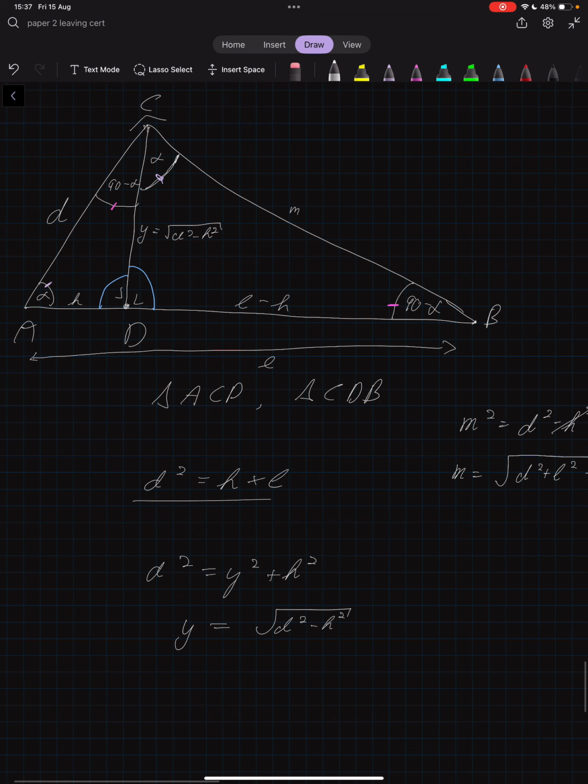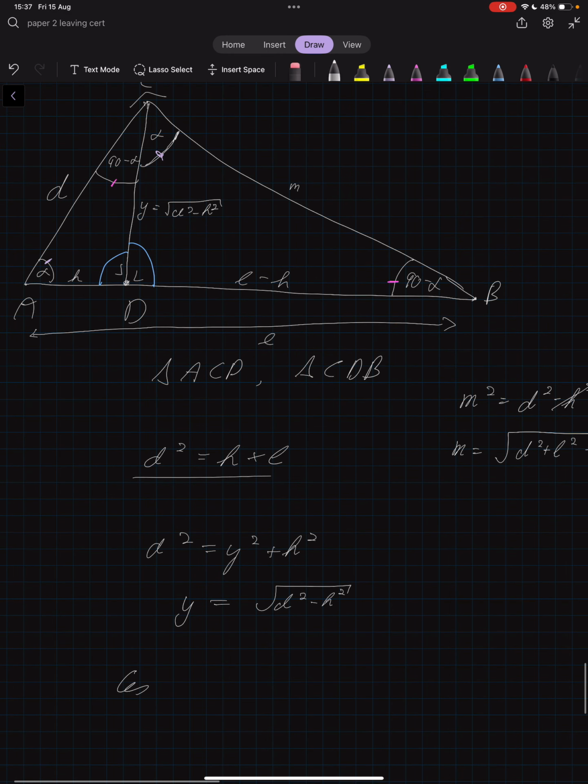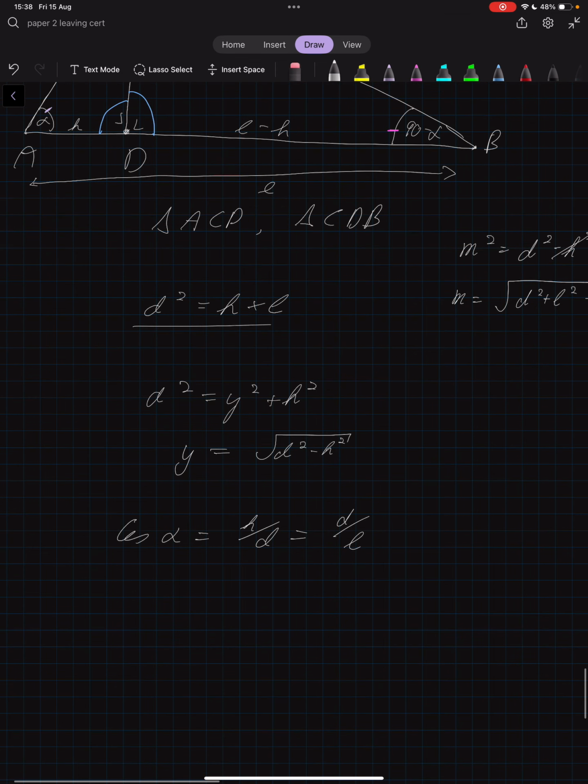So if I do the cos of alpha from the left triangle, it is going to be h over d. And then the cos of alpha, yes, in the big triangle, the very big one, is going to be d over L. Yes. And then cross multiply, I get d squared is equal to L times h.